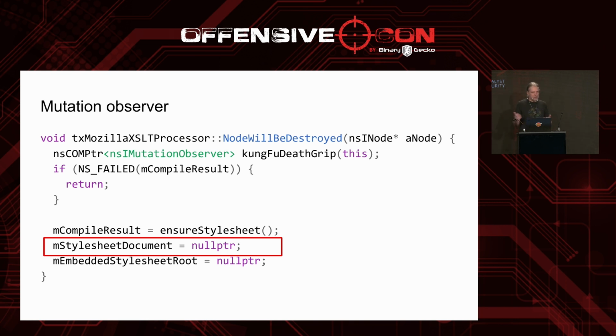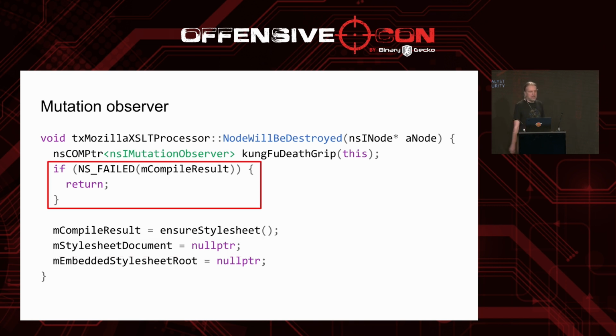So it does, in a sense, behave like a weak pointer, because a weak pointer is supposed to be set to null when the corresponding object gets deleted. Except there is an issue here, and the issue is with this part. And that is, the function can return early, and if the function returns early, well, then in that case, we don't set the value of this pointer to null. It is left dangling, and that leads to use after free vulnerabilities.